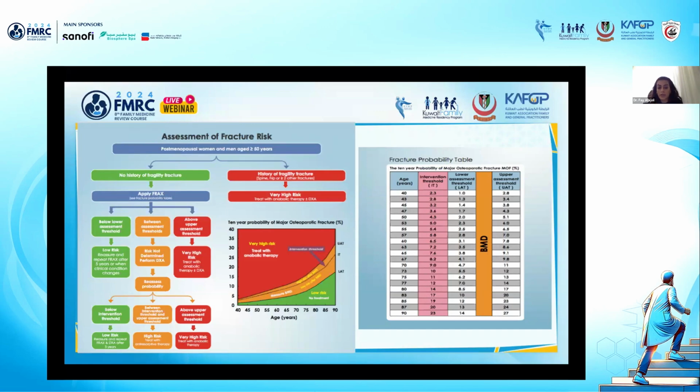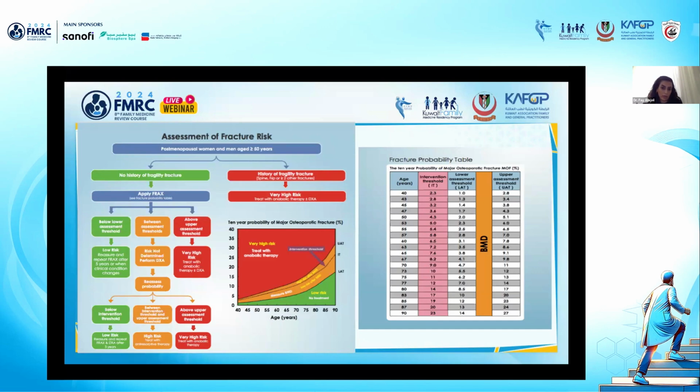We do not manage these patients in our primary care setting. They are referred to secondary care for anabolic treatment, which I will talk about later, and for a baseline DEXA and VFA scan. We always need a baseline DEXA scan so that we can compare our scans when the treatment is initiated.